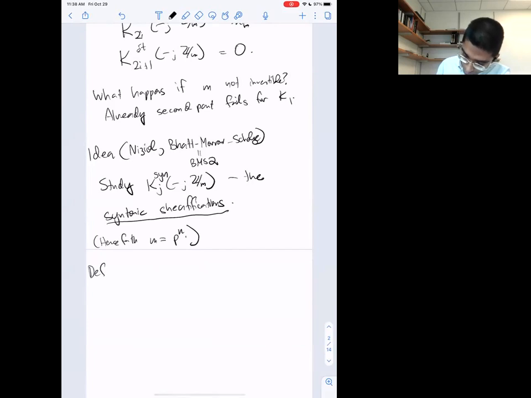And so, right, let me remind you, the syntomic topology is a Grothendieck topology which is generated by faithfully flat and LCI morphisms.